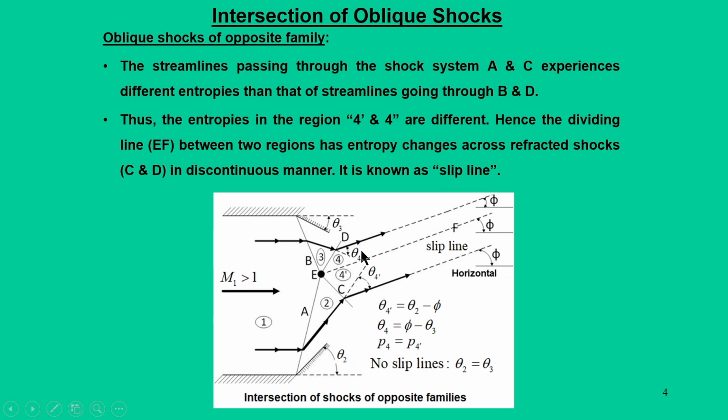Now, to map this entropy difference, an imaginary line, the slip line, takes into account the fact that this slip line is a flexible line which can tune itself, or orient itself in such a way that we can have two conditions that need to be matched, that is the pressures in the region 4 and 4 dash.